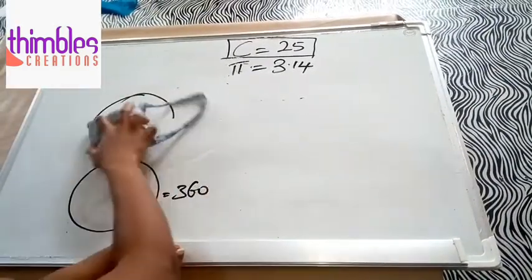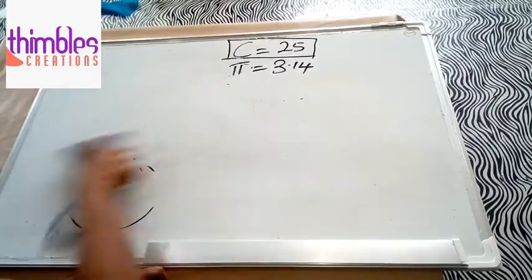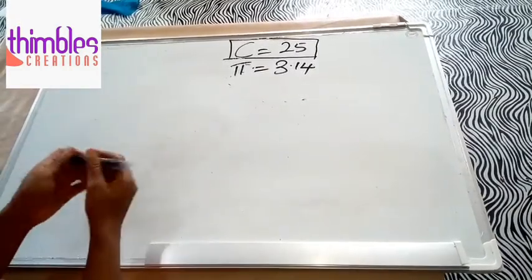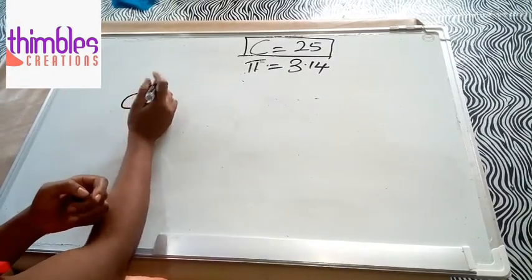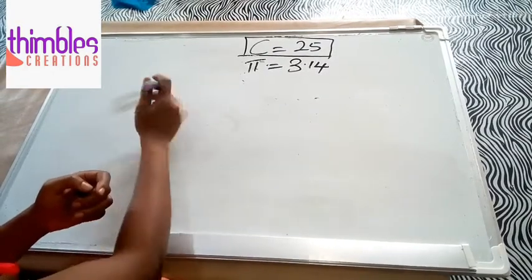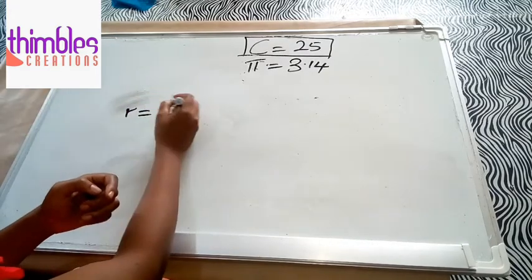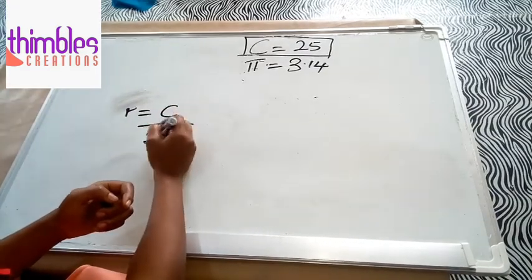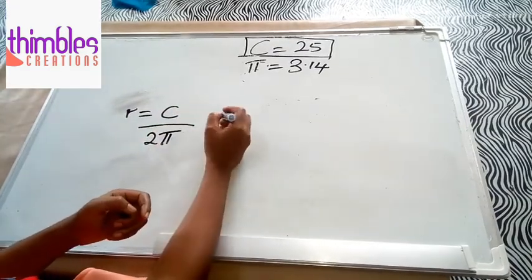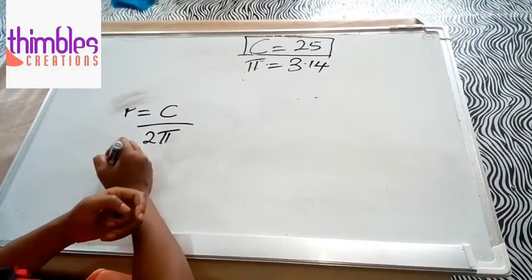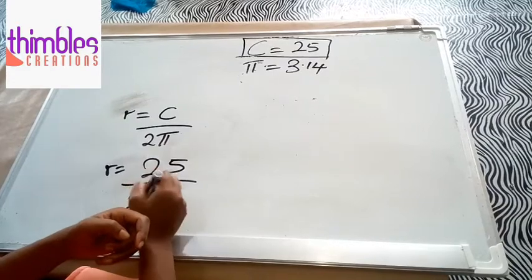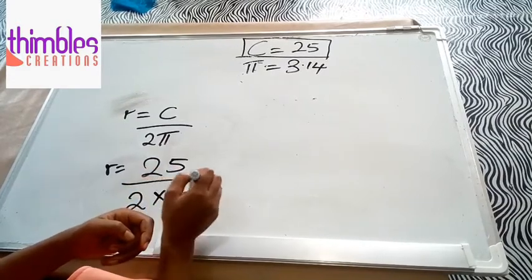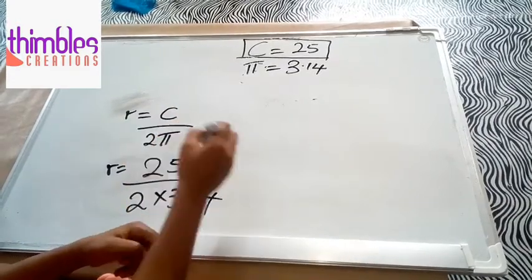Remember that when we started, I told you that the formula to get our radius is r is equal to circumference over 2 pi. So r is equal to 25 over 2 times 3.14.